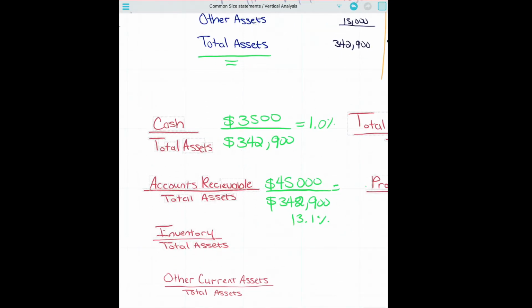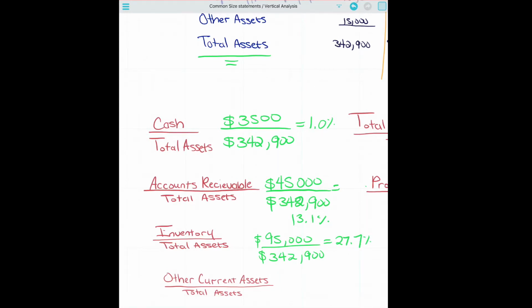Okay, now inventory divided by total assets is $95,000 divided by 342,900 equals 27.7%.